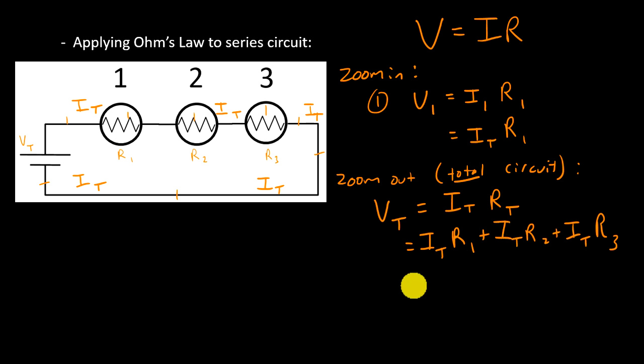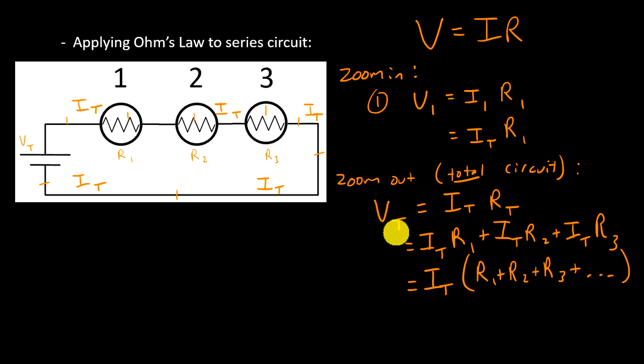I could do a quick little mathematical trick here. Well, I total times the quantity of R1 plus R2 plus R3 plus ... Whether the circuit has 1 resistor or 30, I could do this.